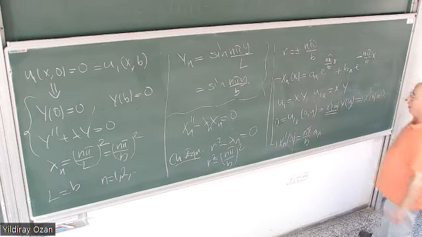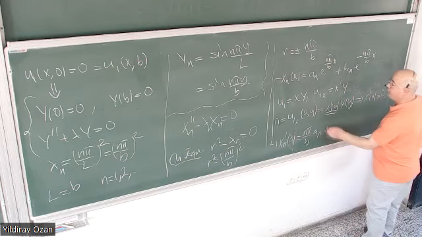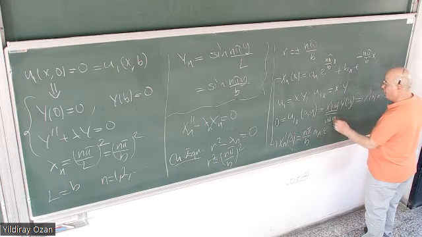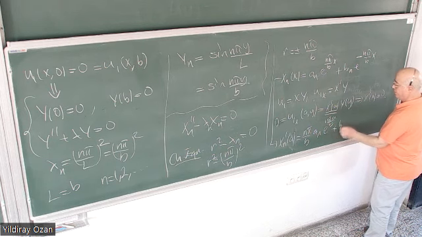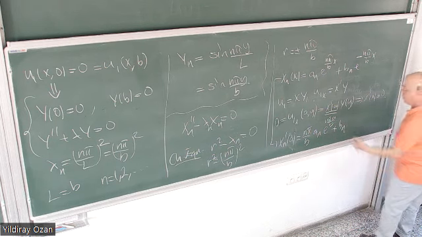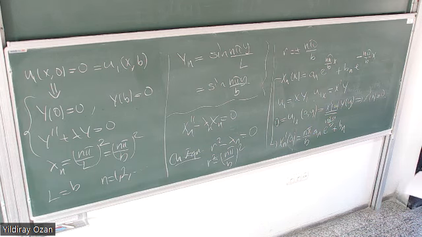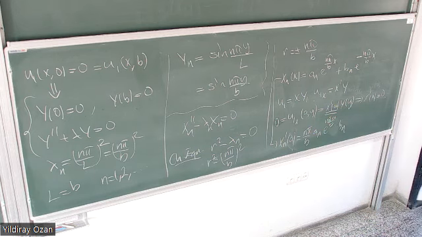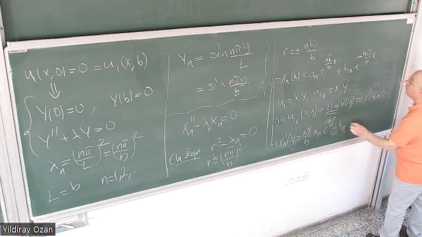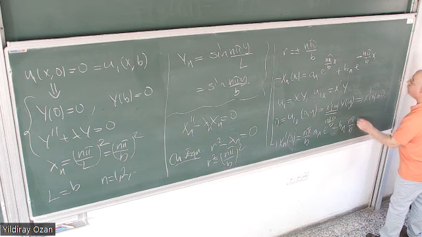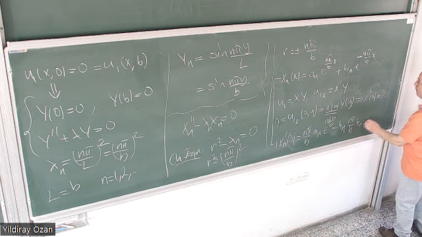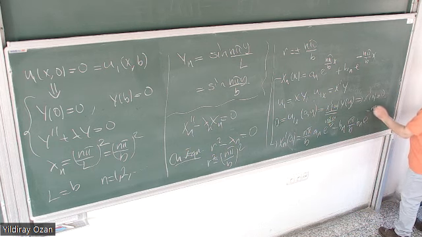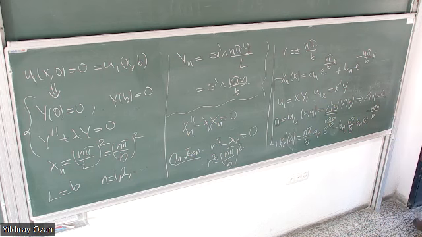A koyunca an e üzeri n pi a over b plus bn ya da minus, right? Minus bn n pi over b, bn e to the power minus n pi a over b. So this is equal to 0.